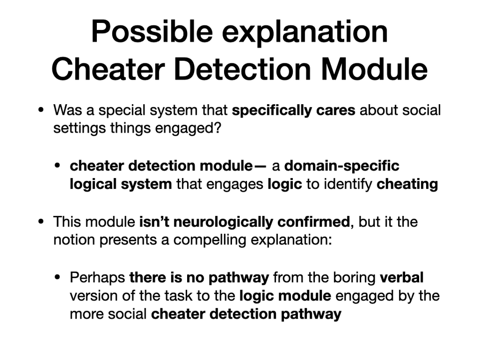Maybe there's no pathway from the boring verbal version of the task to the logic module used. Like, even if we're allowing for this logic module to be separated, maybe there's just no path to it. Maybe you have to engage this cheater detection module or pathway to get there and to leverage it quickly.